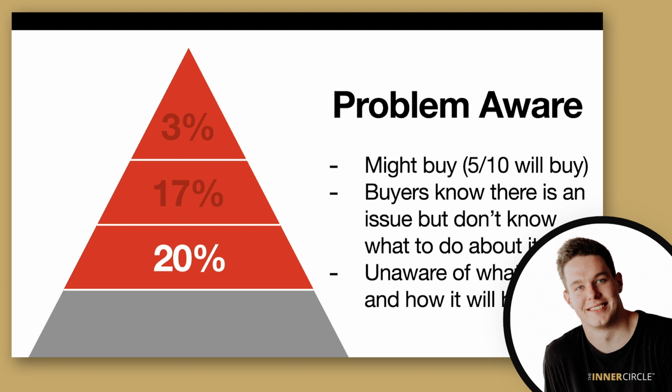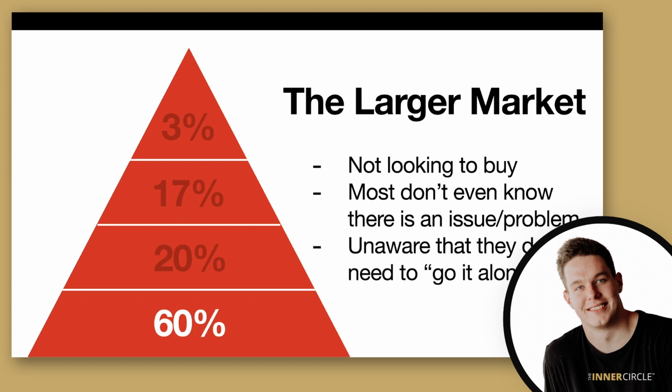And so if we're moving on to the biggest piece of the puzzle here, the 60%, the larger market, these people are going to be a huge opportunity for you. Now, what you would have recognized as we move further down this pyramid is that the buyers are going to be a larger part of the market, yes, but also they're actually missing steps that they need to make an informed decision.